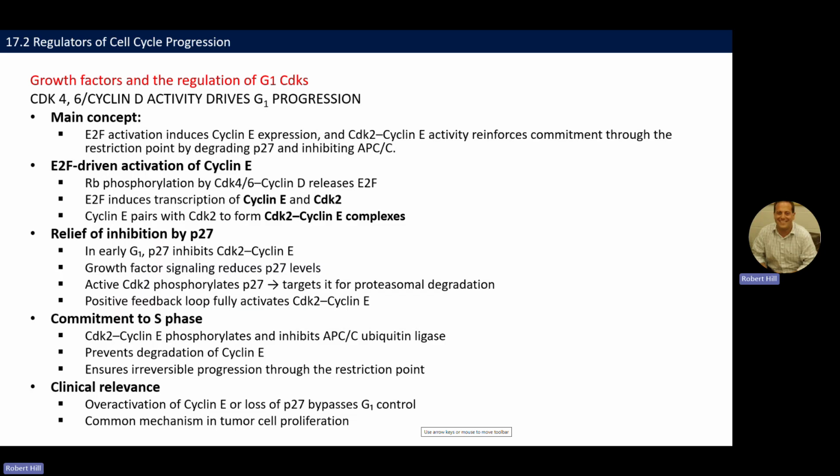Active CDK2 then phosphorylates P27, targeting it for degradation. The resulting surge in CDK2 cyclin E activity inhibits the APC/C ligase, preventing cyclin E destruction and ensuring irreversible passage through the restriction point. So interestingly, overactivation of cyclin E or loss of P27 will remove this control. That is also a very common feature in uncontrolled tumor proliferation.